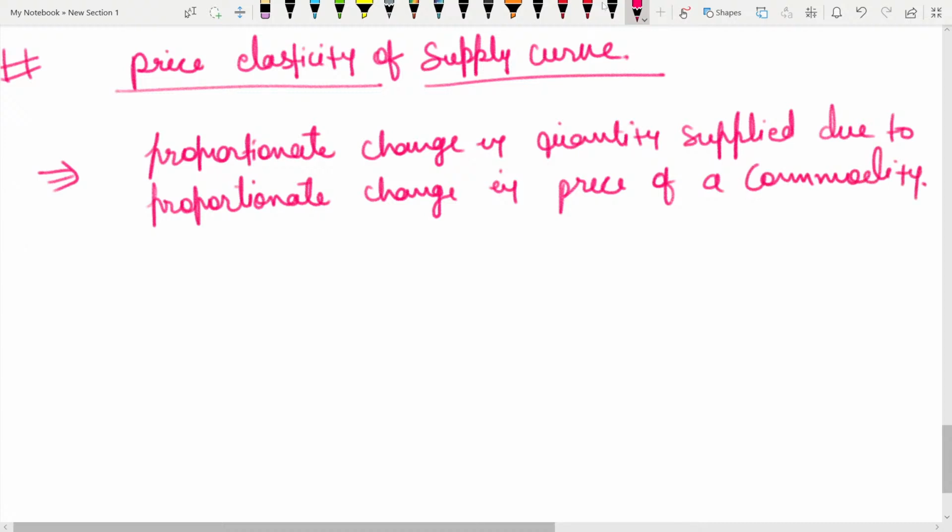Okay. So this is showing price elasticity of supply curve. Price elasticity of supply curve is the extent of contraction and extension.